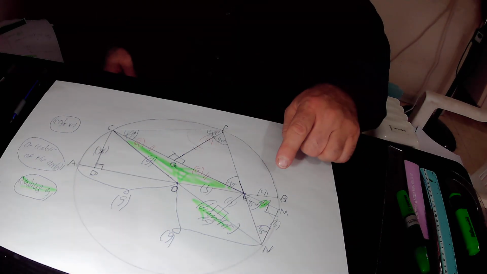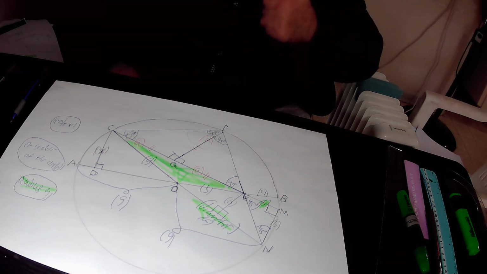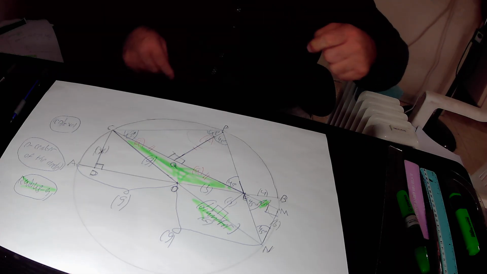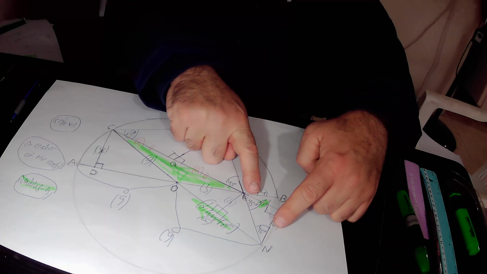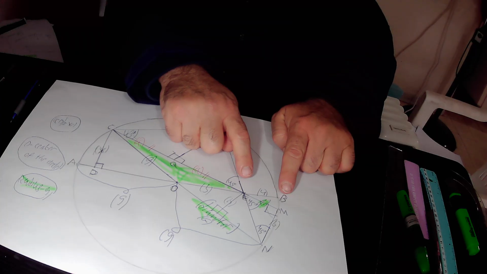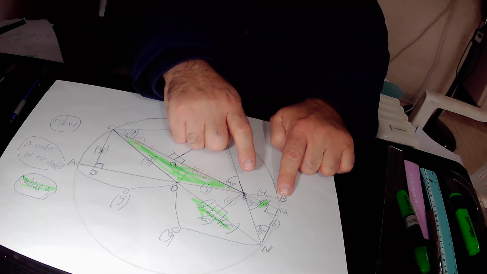In this small right triangle EMN, we have the rule that in front of equal angles in the triangle are equal sides. So in front of those two equal angles, we have two sides that must also be equal to each other in length. So if we define the length of EM as B, then the length of MN must also be equal to B according to the rule that I mentioned.